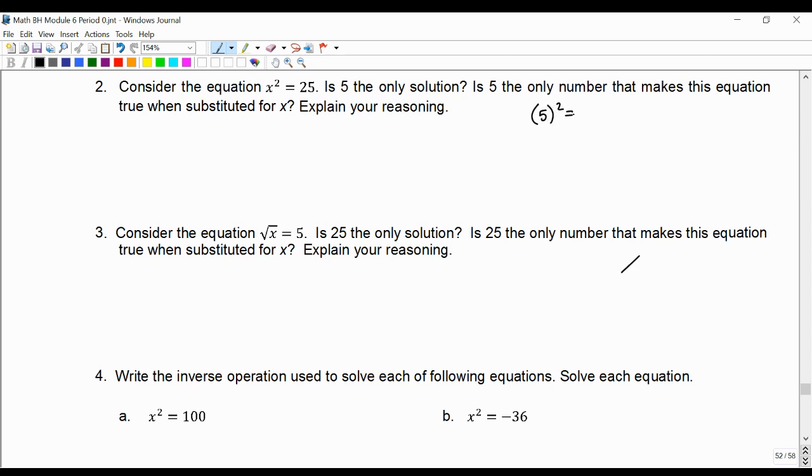So we'll plug in 5 and it checks out. And the other number that maybe you stumbled upon was, well, what about negative 5? Negative 5, if we plug it in, and we do wrap it in parentheses, will check out. And so to answer this question, no, 5 is not the only answer.